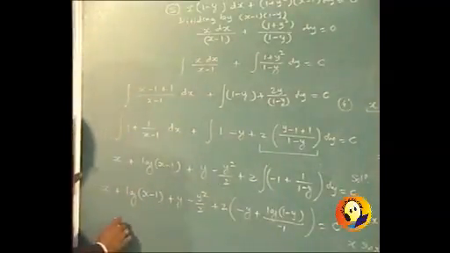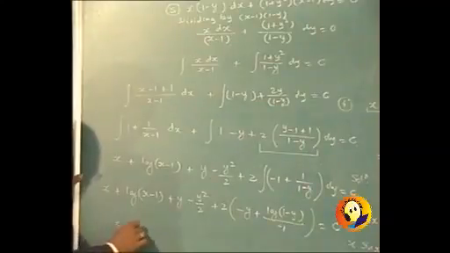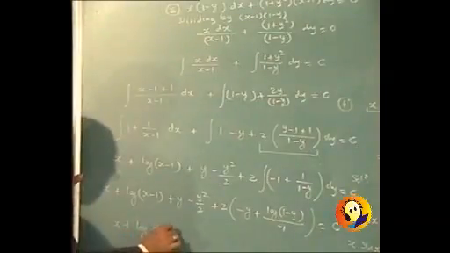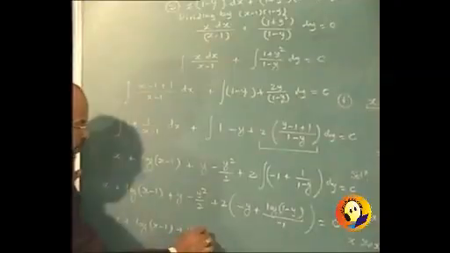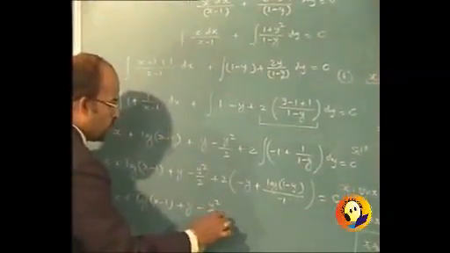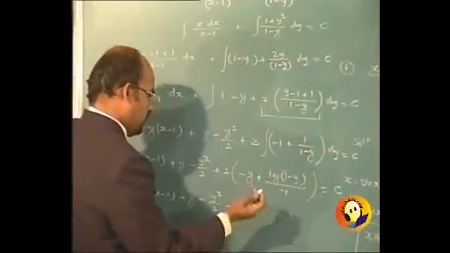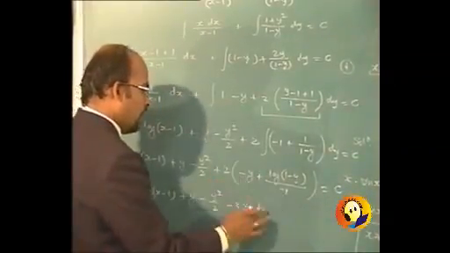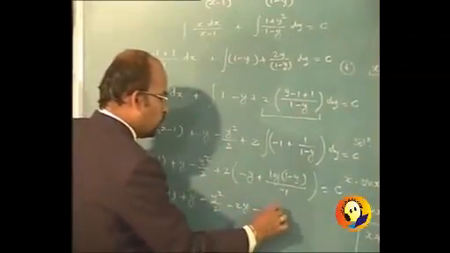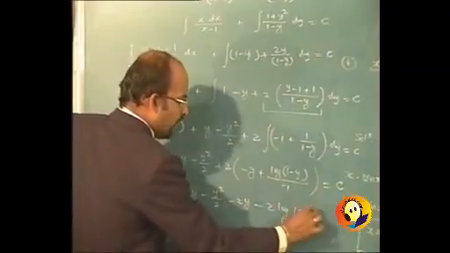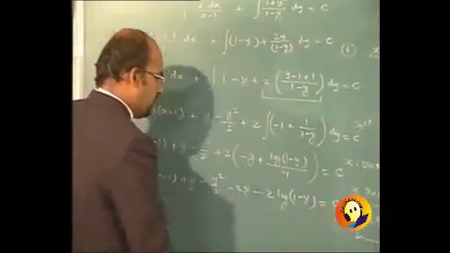And so it will come out to be x plus log of x minus 1 plus y minus y square by 2 minus 2y, sorry, it is minus 2 log of 1 minus y equal to c.